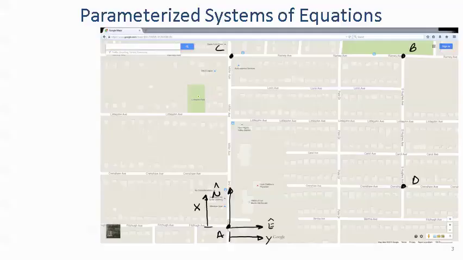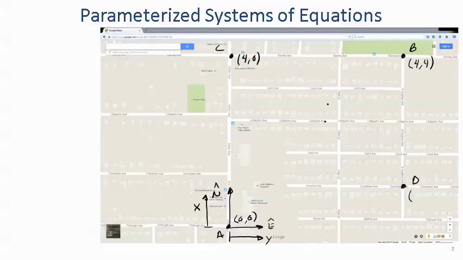And we took each one of these points and we gave them a distance. So A was 0, 0, our origin, and C was 4 units in the x direction and 0 in the y direction. B was 4 in the x direction and 4 in the y direction.